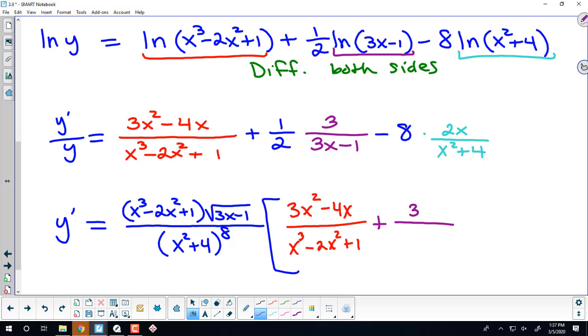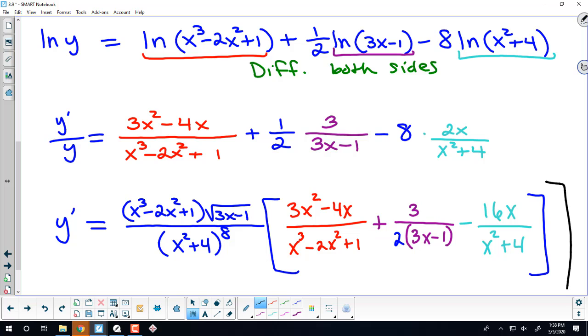You could say it's 6x minus 2 on the bottom, or just leave the 2 out. It doesn't really matter. And then we have our minus 8 times the 2x, so we have a minus 16x over x squared plus 4. So all of that is our derivative.